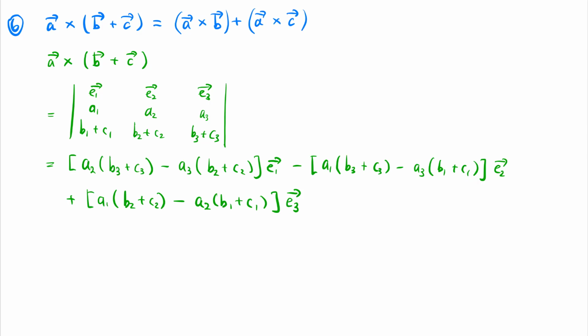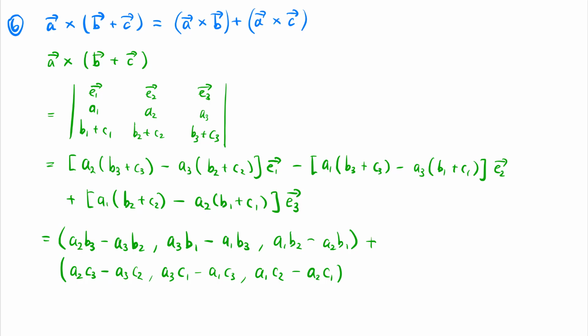This equals (A2 times (B3 plus C3) minus A3 times (B2 plus C2)) times E1 minus (A1 times (B3 plus C3) minus A3 times (B1 plus C1)) times E2 plus (A1 times (B2 plus C2) minus A2 times (B1 plus C1)) times E3.